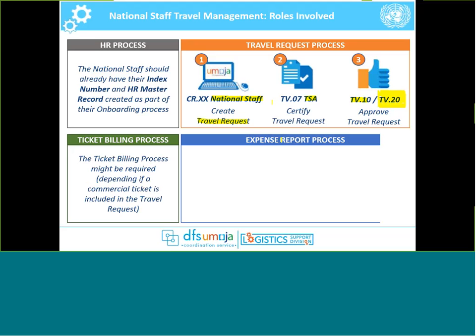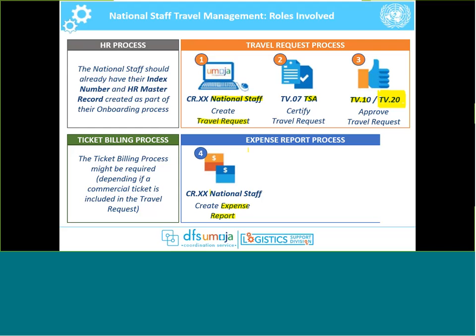And then the expense report process for official travel remains the same. So it's either the traveler or the travel administrator who will raise the expense report. If there are no additional expenses, the expense report will be automatically approved, what we normally name as express expense report.